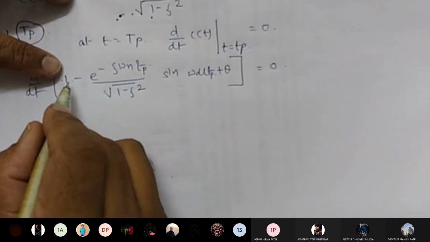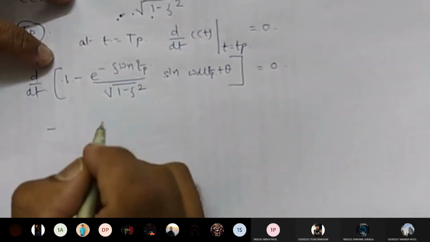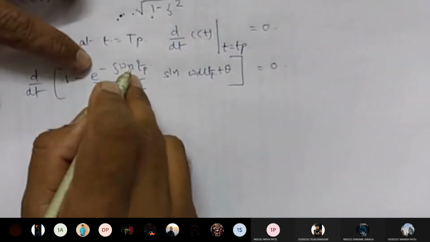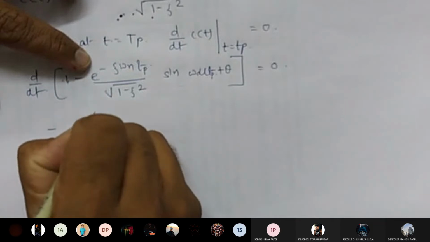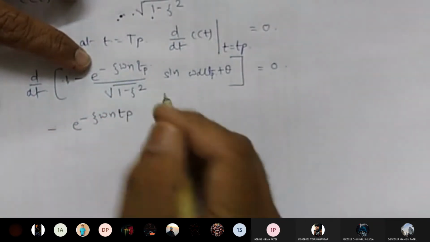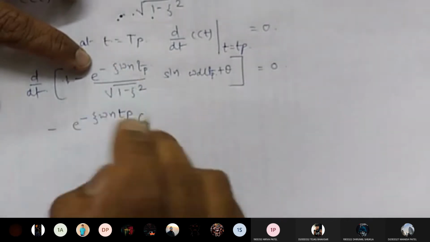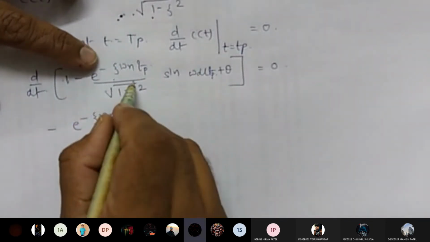The differentiation of 1 is 0. Then minus, which term do we differentiate first? e raised to minus zeta omega n TP. Are you getting me or not? Yes, sir.